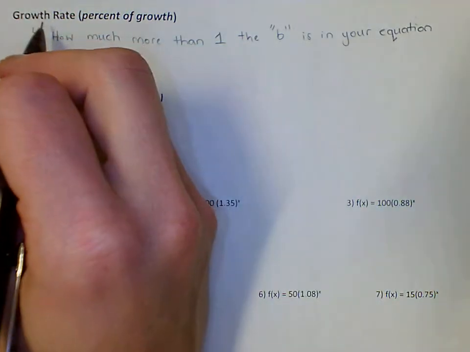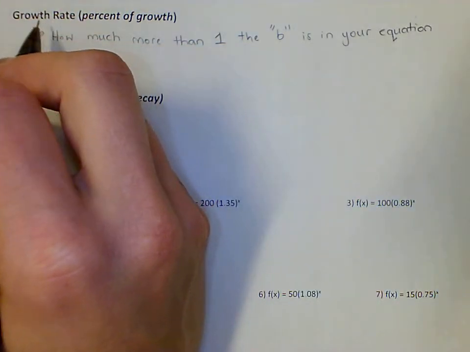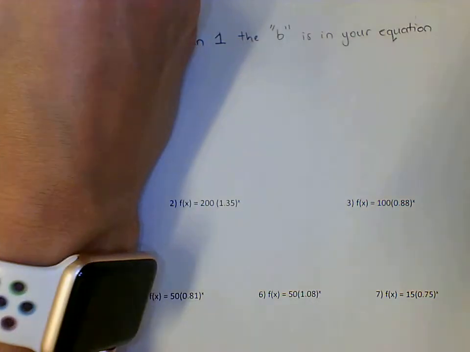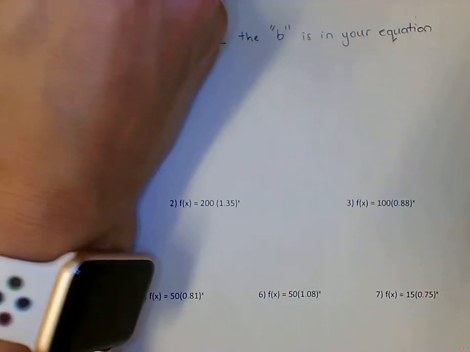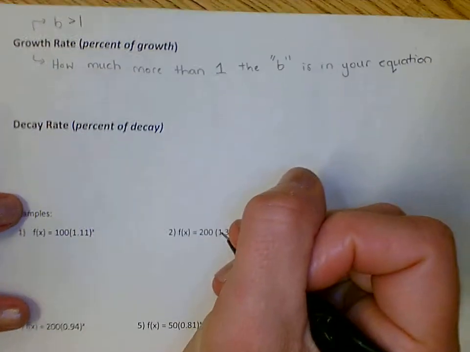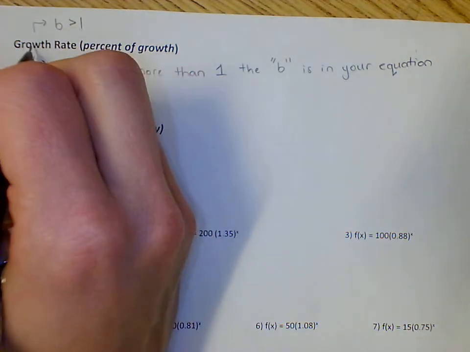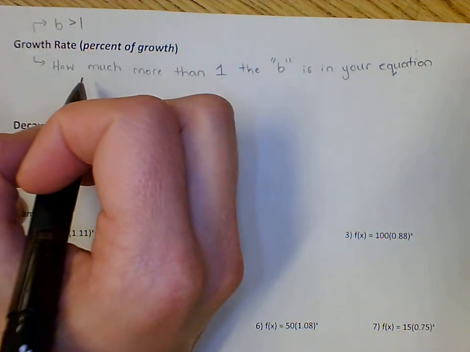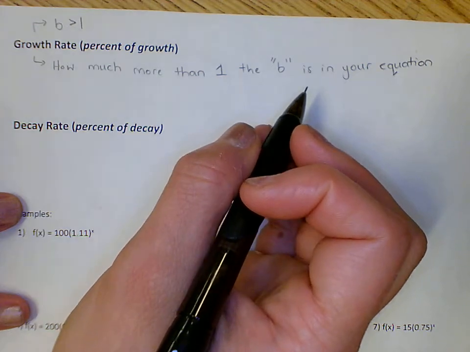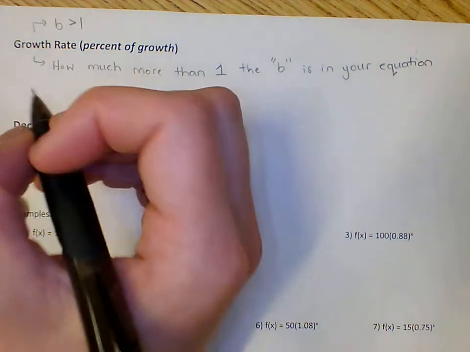But if it's a growth, so you have to see if it's a growth first. So remember, a growth is when the B is bigger than 1, okay? So if the B is bigger than 1, that means it's going to be a growth, and so it'll have a growth rate to it, okay? So we're going to talk about how to find that.